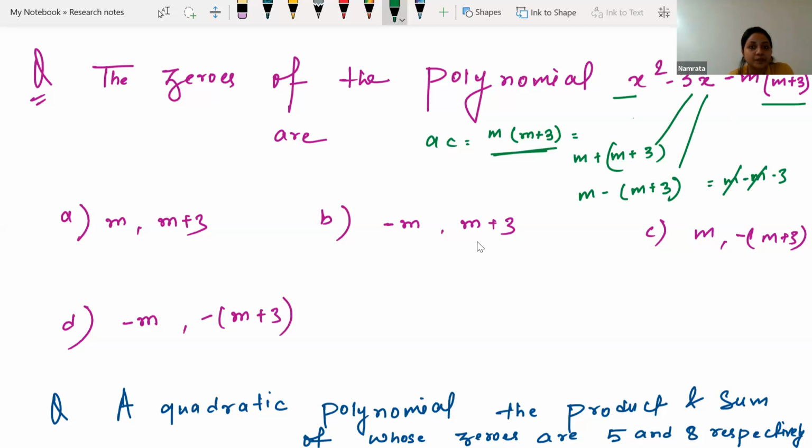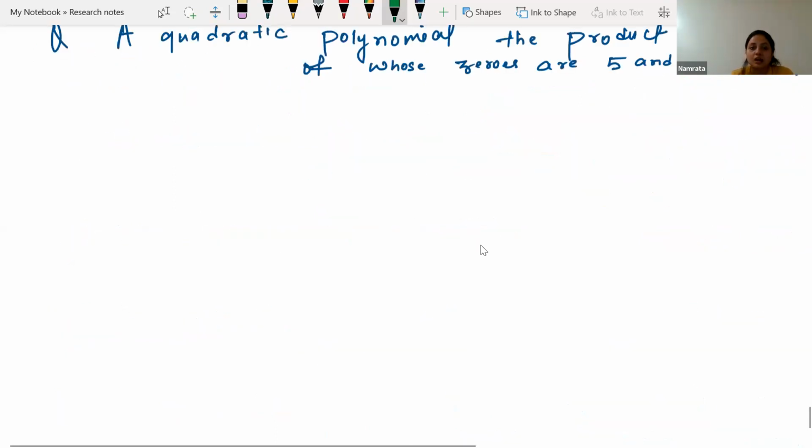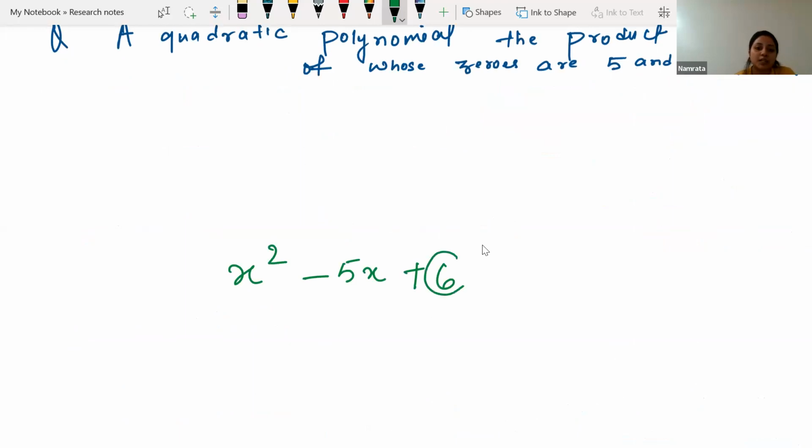If you are getting confused from here, let me relate it with numbers. Suppose we have x square minus 5x plus 6. We multiply this and this, 6 into 1 is 6.